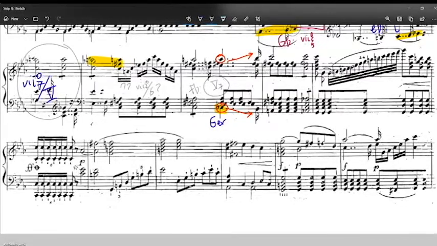That leads back to the 7 of 5 in E flat major, minor.